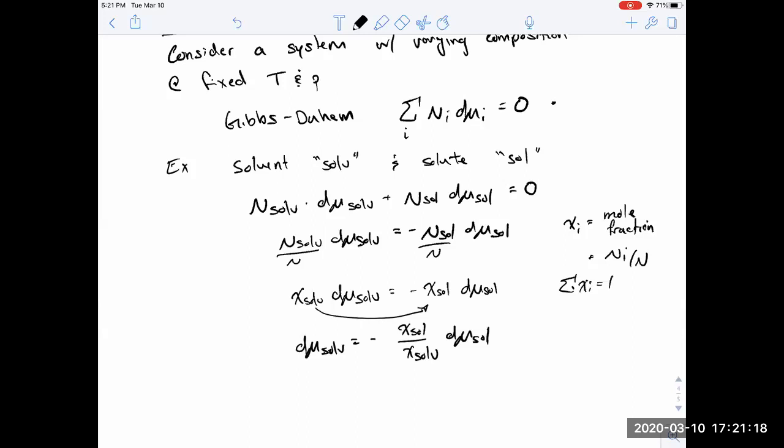The solvent, because we only have two components, its mole fraction is just 1 minus the mole fraction of the solute.